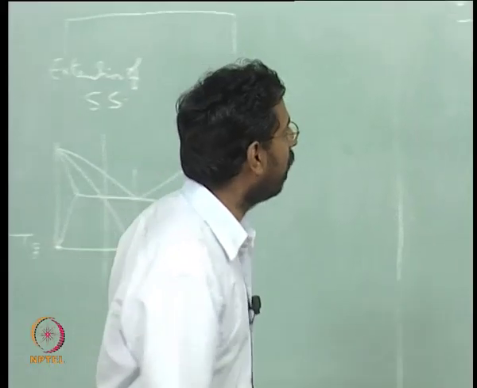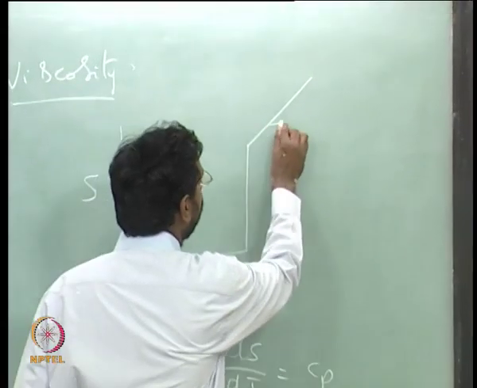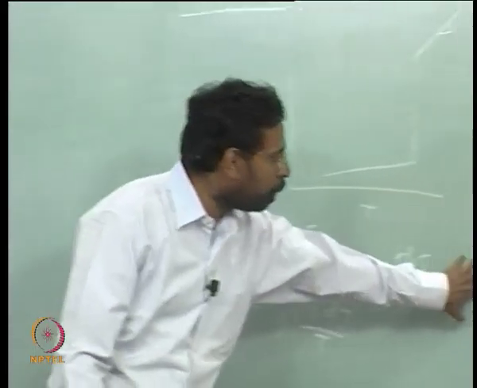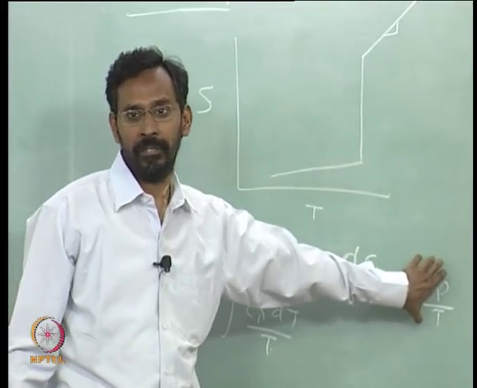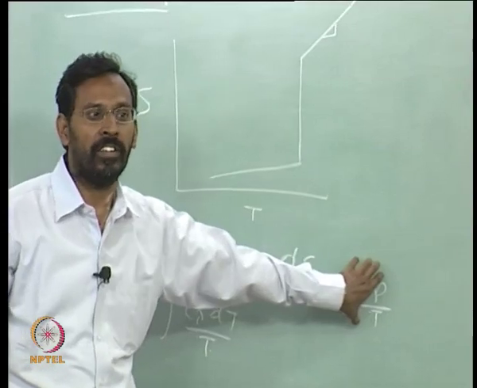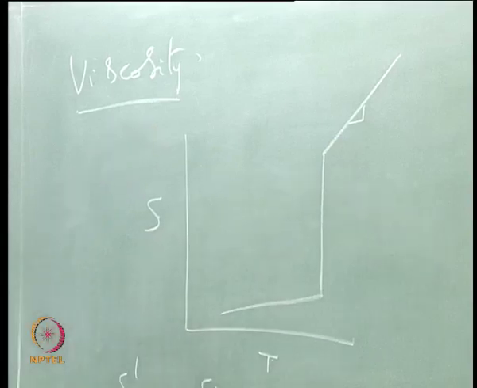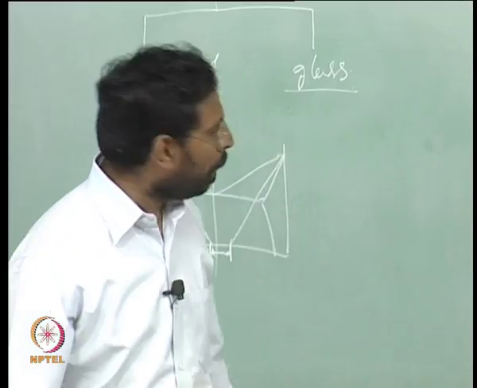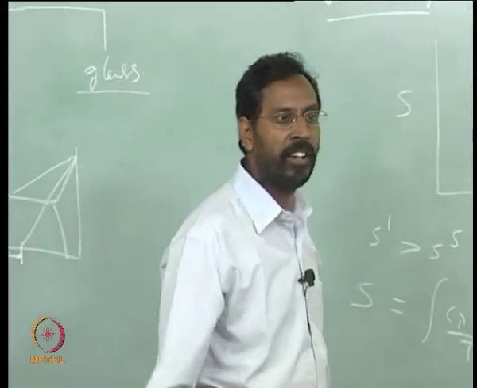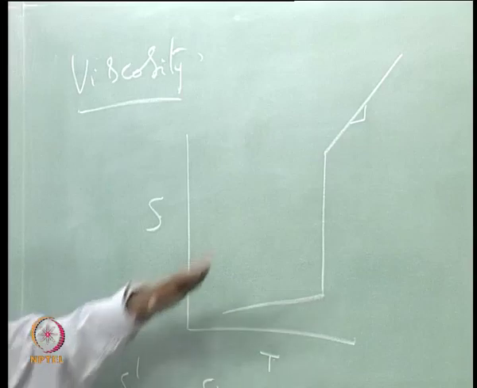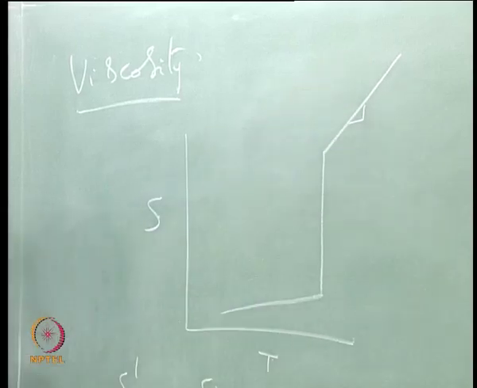If I say that they are straight lines, basically I am saying that the slope is constant. The slope is constant means Cp by T is constant. Cp by T is not constant, it varies with temperature. So in principle these two portions, this portion and that portion, are actually not straight lines. One has to remember that. But for the present understanding we do not need to bother about that much, but what we need to understand is that this slope is higher than this slope.